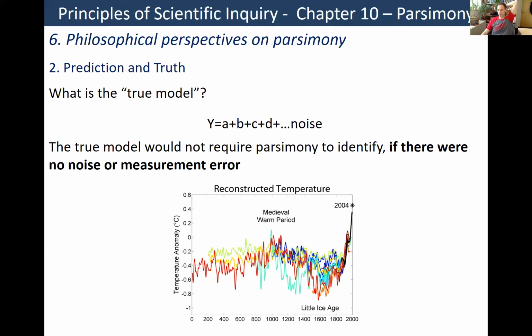This is an older graph, and we've got much more data than this now. But it's an example of measurement variation in reconstructed temperature over time. There's lots of measurement error and noise in there, depending on where the measurement is taking place. So parsimonious models are needed, and can be used in cases like understanding temperature anomalies related to climate change, for example.